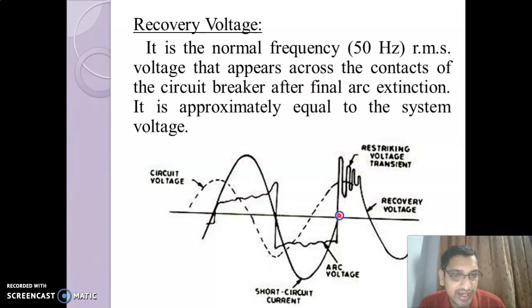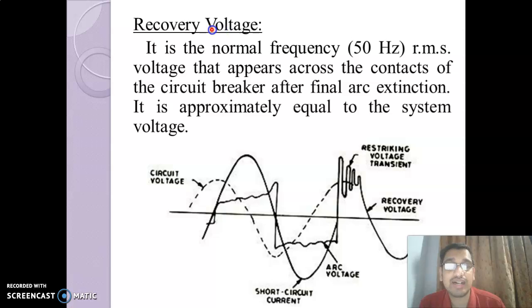At this point a transient voltage is generated, and that is restriking voltage. So restriking voltage is nothing but the voltage across the contacts at or near the zero point. It is a transient voltage.